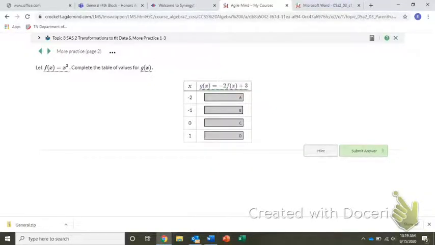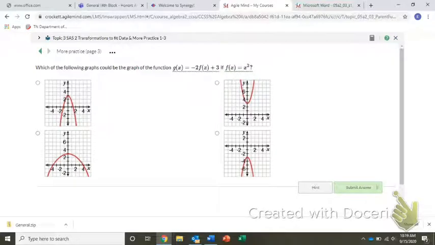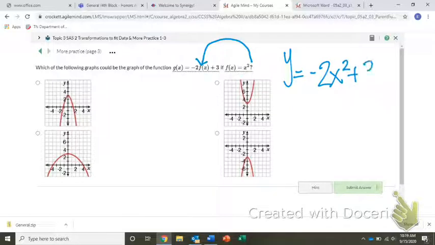All right, the last question we're doing today is which of the following graphs could be the graph of the function g of x equals negative 2 times f of x plus 3 if f of x equals x squared. So it's wanting you once again to plug f of x where it says. So our function, y equals negative 2x squared plus 3.